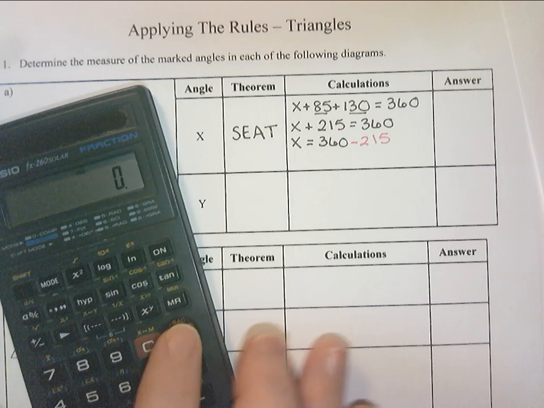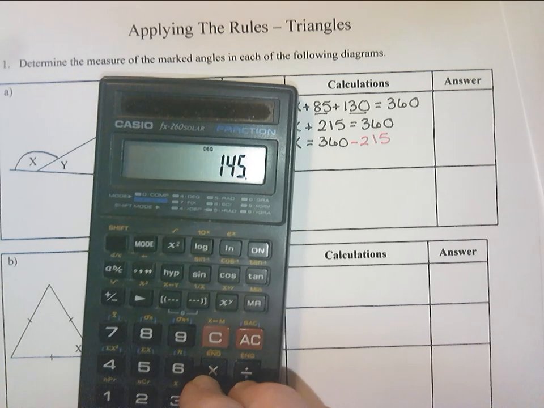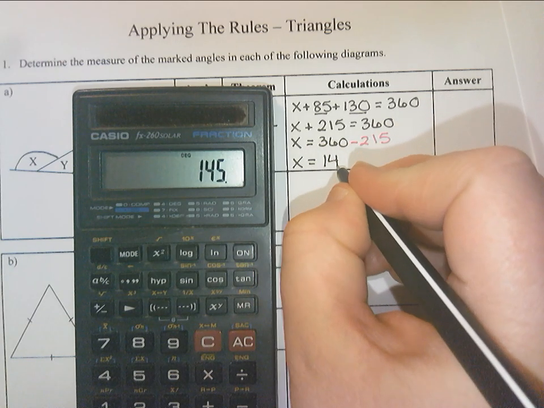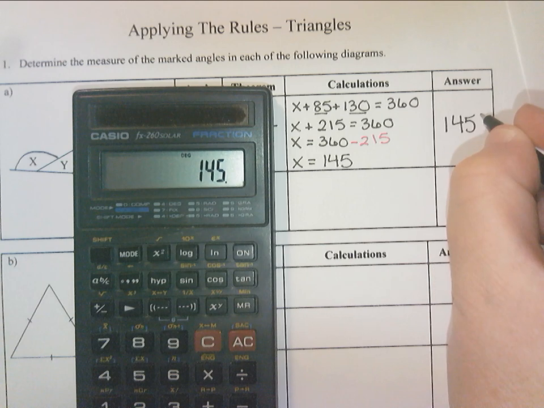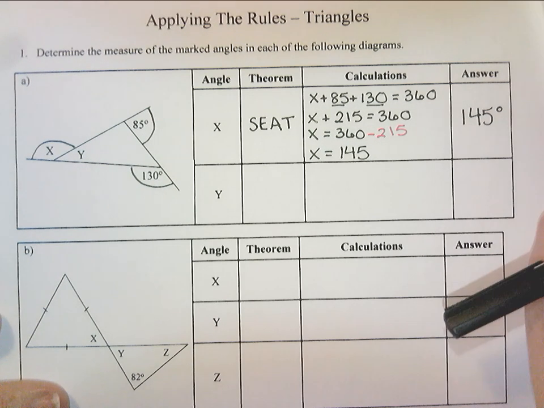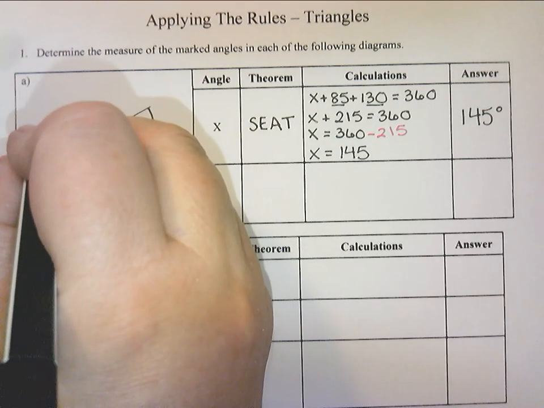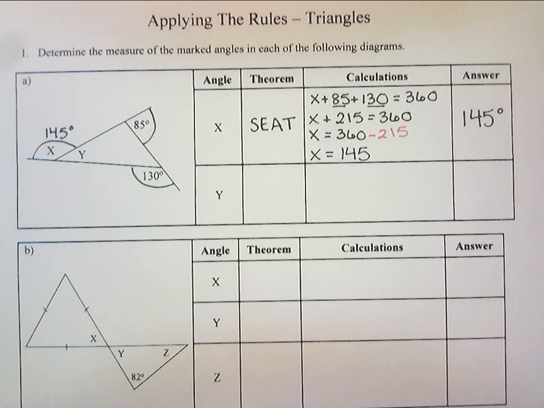And 360 degrees, take away 215 degrees, is 145 degrees. So I'm going to put that the answer is 145 degrees. I also recommend marking this angle in my diagram because we might be able to use it to help us find angle Y.